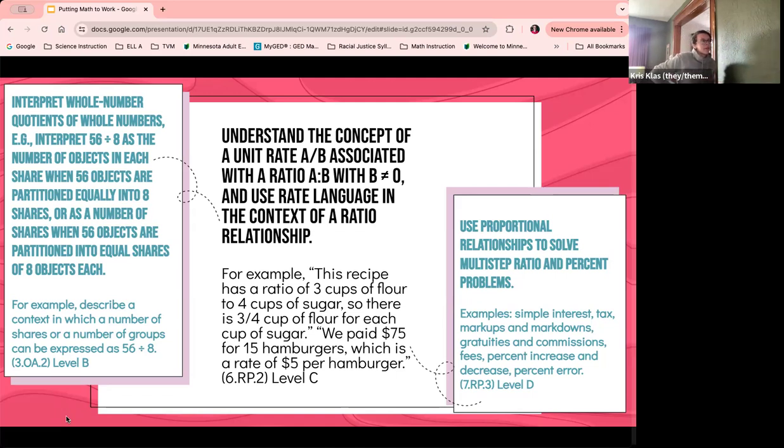For example, interpret 56 divided by 8 as the number of objects in each share when 56 objects are partitioned equally into 8 shares. So that's the foundational division problem that we were doing to find that unit rate in the level C standard. We do need to be able to do that before what we're doing in the level C standard is going to make sense.